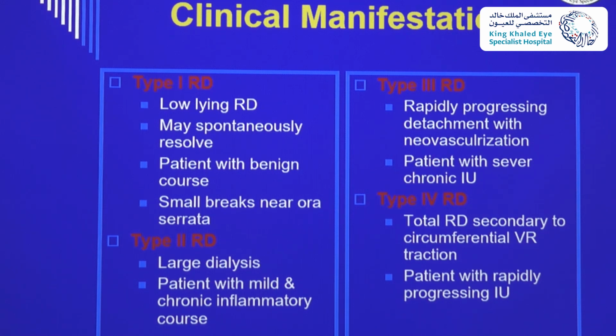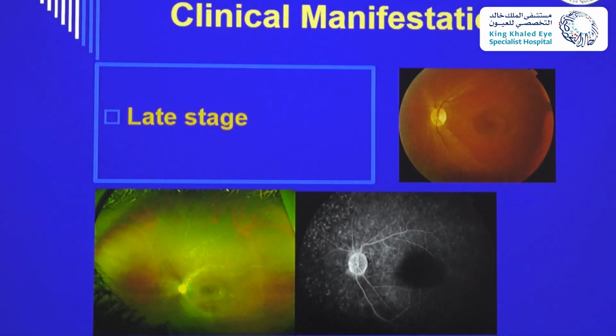In patients with type 4 retinal detachment, they usually have total RD secondary to circumferential vitreoretinal traction in a patient with a rapidly progressing type of intermediate uveitis. This is not that significant, but as vitreoretinal surgeons we have to put it because every type might have its own prognosis.